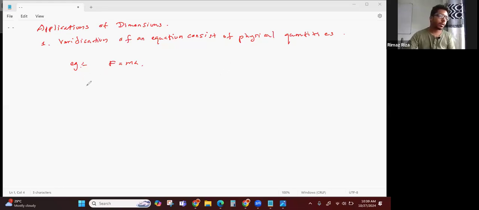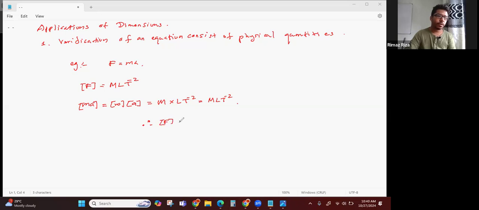Here F has the dimension of force, MLT^-2, and then we consider the dimension of the right hand side, ma. That is the dimension of m times the dimension of a. So the mass M into acceleration LT^-2, therefore MLT^-2. So the dimension of F is equal to the dimension of ma.